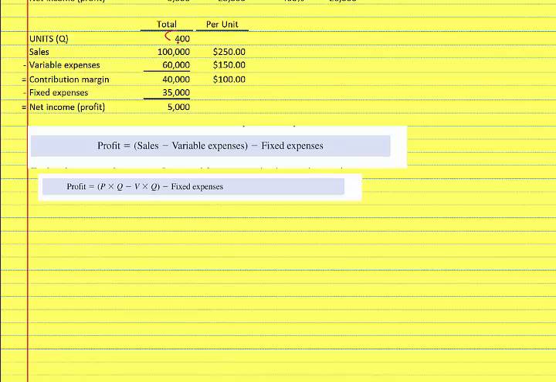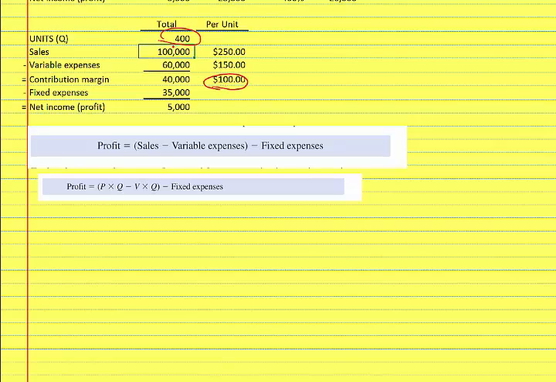We said 400 units times $250 per unit to get sales of 100,000. And then we said 400 units times $150 per unit to get variable expenses of 60,000. And then we subtracted those two to get contribution margin of 40,000. I now want to take a look at computing contribution margin directly with just those two pieces of information.